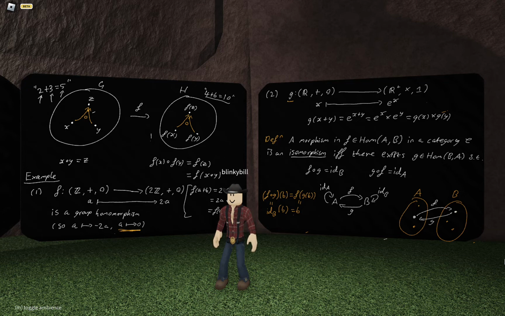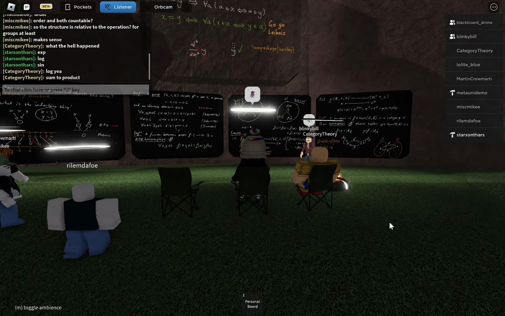But it can't just be any two morphisms to get an isomorphism. They need to be opposite to each other, which has a clear meaning in the category of sets, but can have a more abstract meaning in other categories.